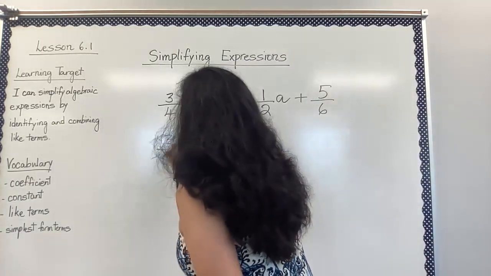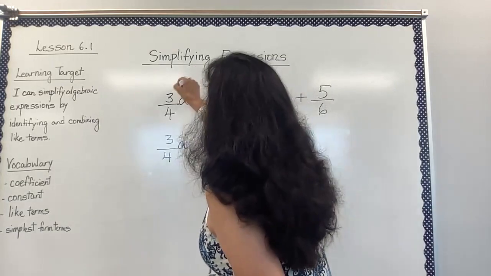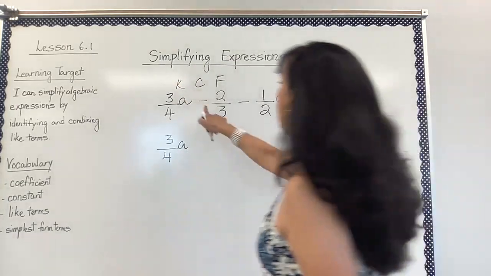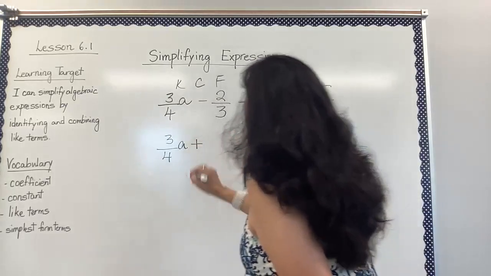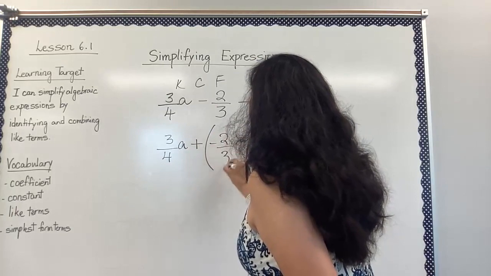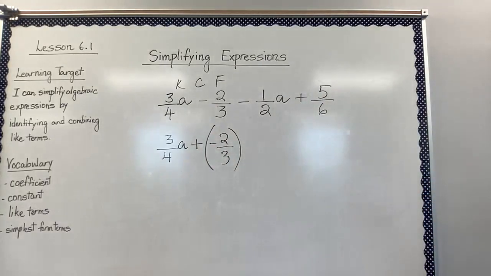Okay, so I'm going to rewrite subtraction as addition. So 3/4 a, so then keep, change, flip. Okay, change the minus to the plus, change the 2/3 to the negative 2/3. So that means I'm basically flipping the sign of that number.